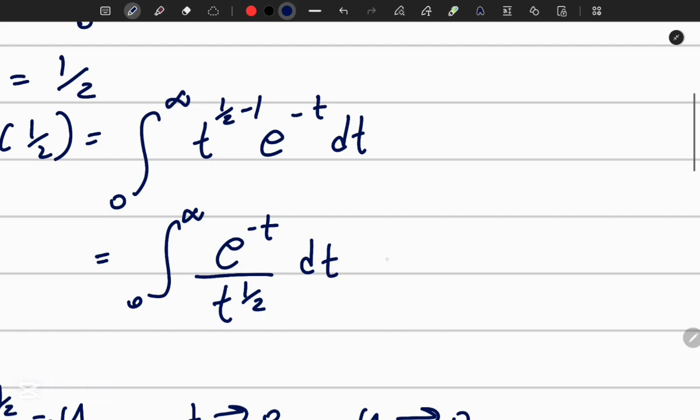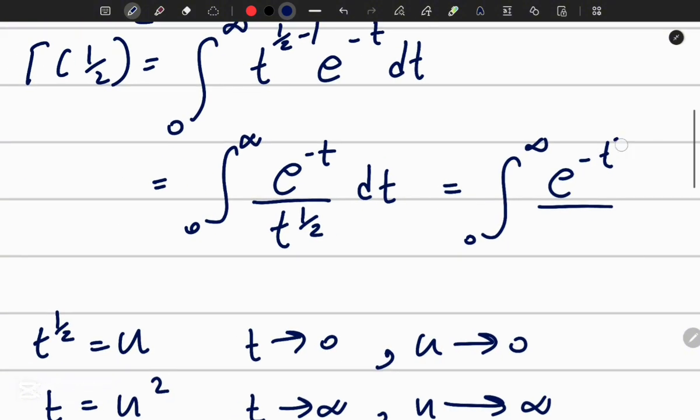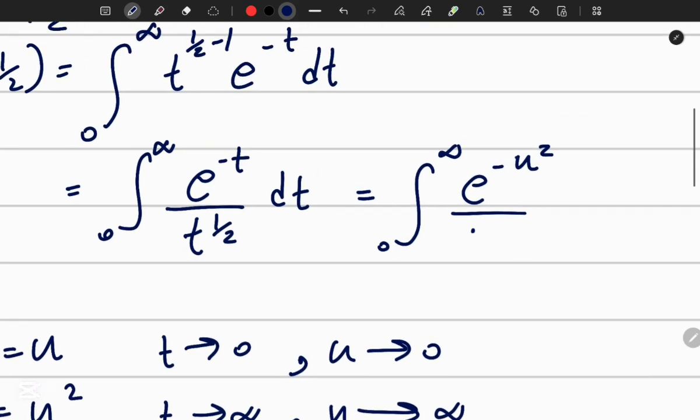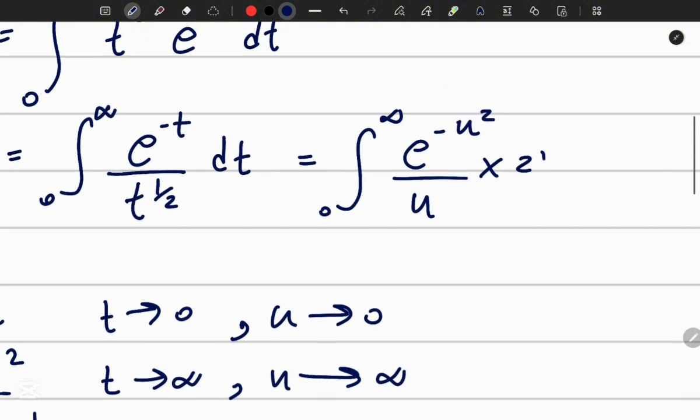So I can write this integral as the integral from 0 to infinity of e to the minus t, sorry, this is u square, over t to the half, where t is u square, so over u, times 2u du.